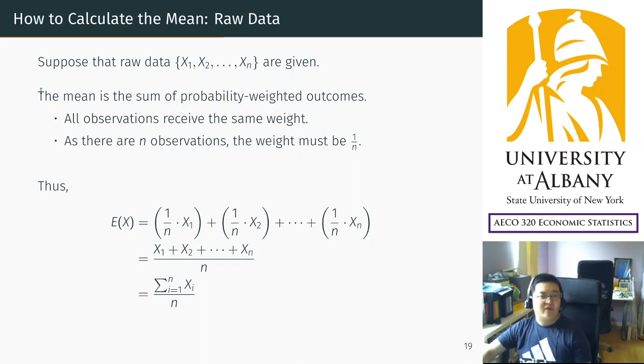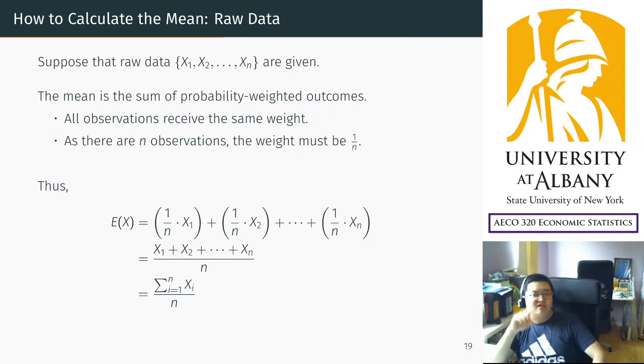In this raw data there is no probability. But what you have to think about here is that all these outcomes are equally likely. When you have n observations without any other context, they should be equally treated, right? Each observation is equally likely.